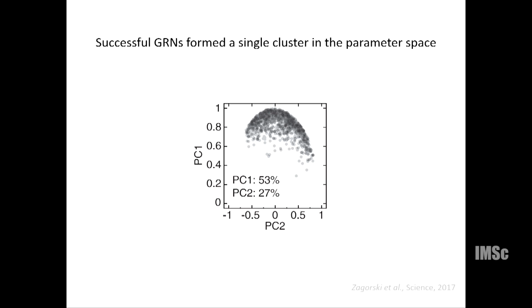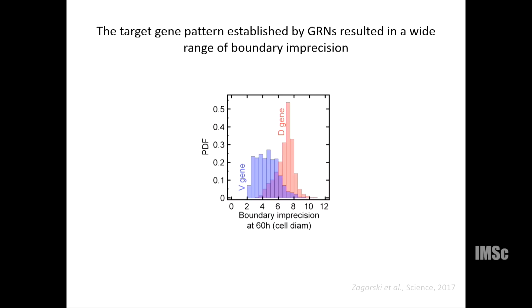You can do different things with this set of successful solutions. One thing we did was apply principal component analysis to see whether they mark different regions in the space, but that wasn't the case. They rather create a single cluster where you could quite well interpolate between different successful solutions.